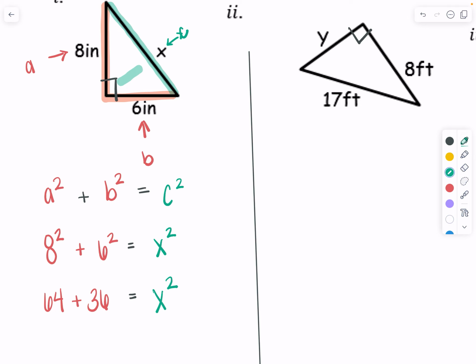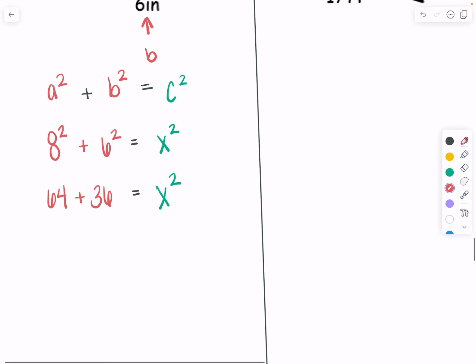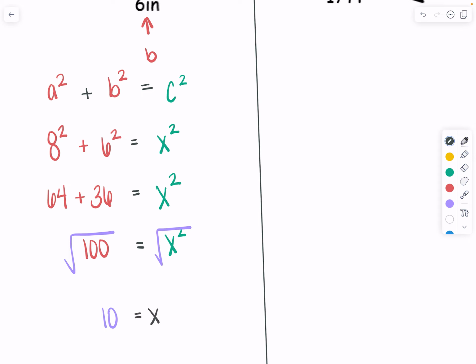So 64 plus 36 gives me 100. Now that equals X squared, not X. So to get rid of the squared, I'm going to square root both sides. And then the square root of 100 is 10. And that equals X. And so my answer there would be that C, or X in this case, is 10.